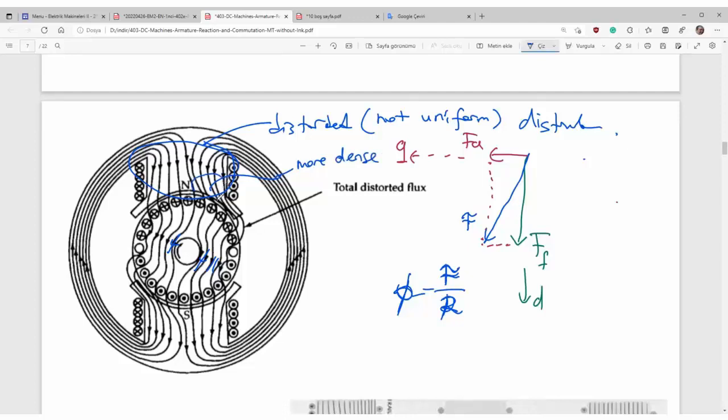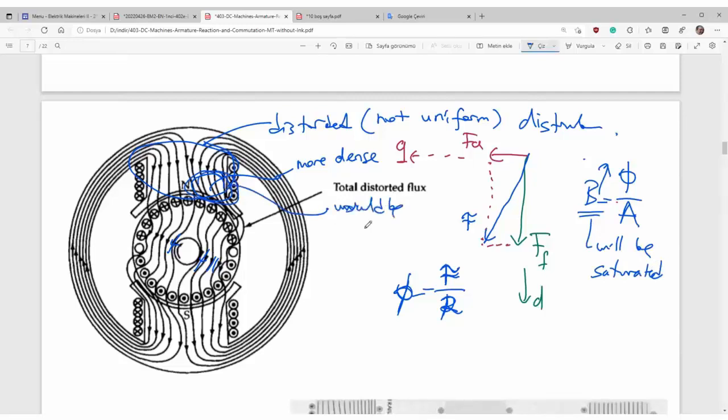Due to the more dense region here, flux will be larger in a smaller cross-section area. B will be larger, B will be saturated. Houston, here would be saturation. There is no problem here, but here would be saturation. Again, some other problems will occur inside the rotor, but it is not clearly seen here. Again, here is saturation.